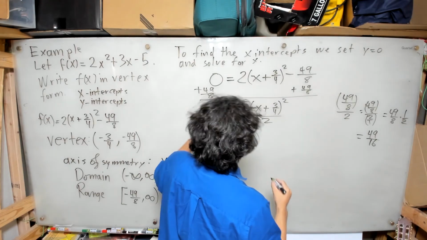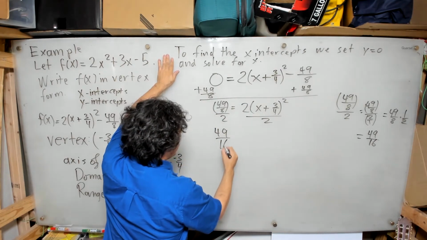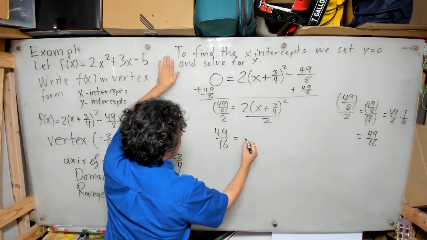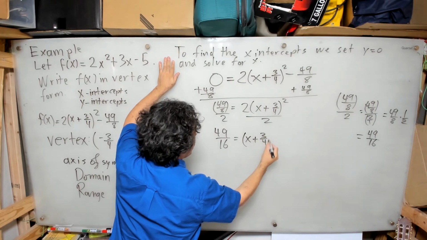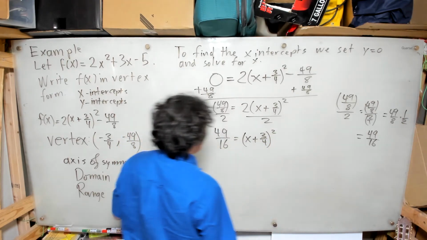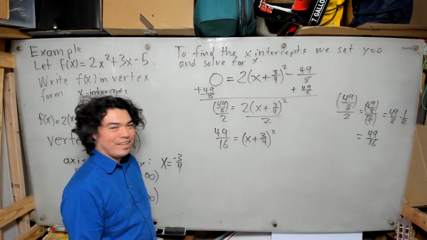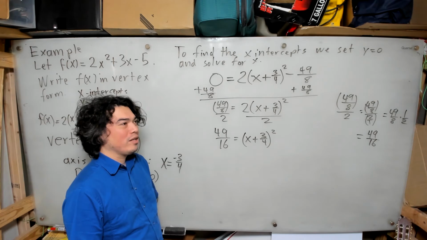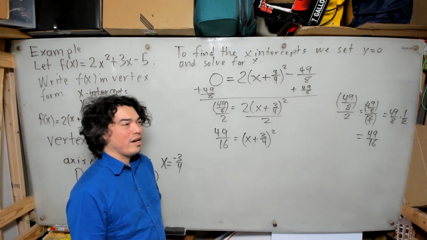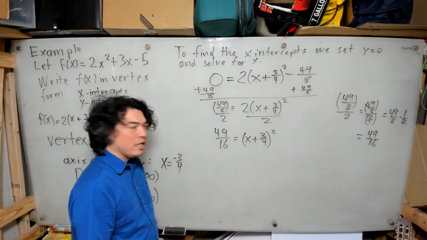So I can see that 49/16 will equal x plus 3/4 squared. Oh my god, I can't believe this. As I recall writing this problem, I thought I got it with just random numbers, but it looks like it's going to come out super nice. So let's do this together.